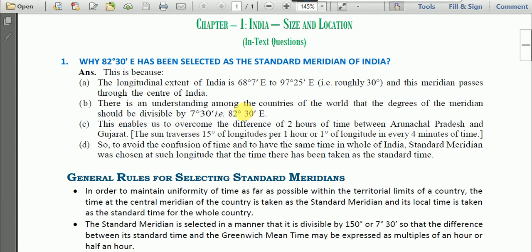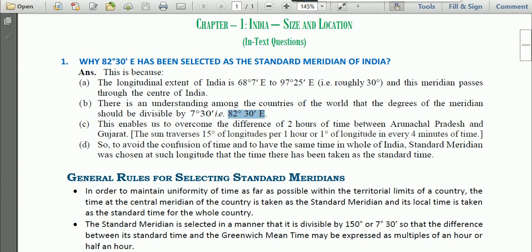So here we have this international agreement among the countries of the world that while selecting the standard meridian of a country, it should be divisible by 7 degree 30 minutes. Hence, we have selected 82 degree 30 minutes east as the standard meridian of India.